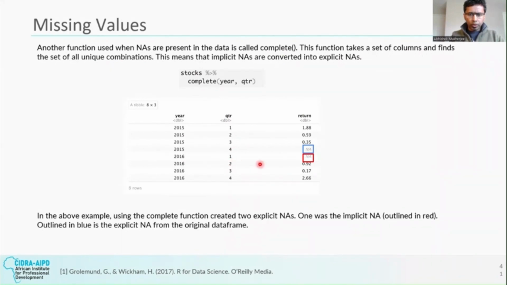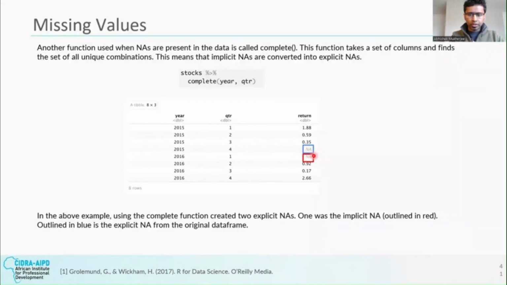We can then see that the blue NA outline box was already explicitly present in the previous data set, but now there is a row being created for the first quarter of the year 2016.